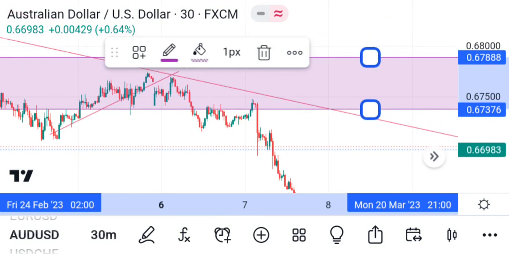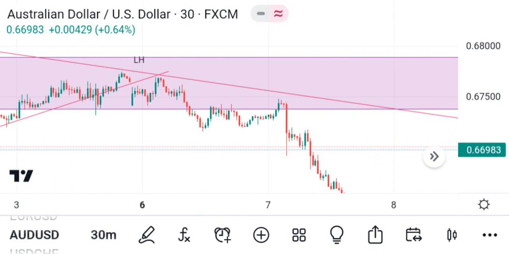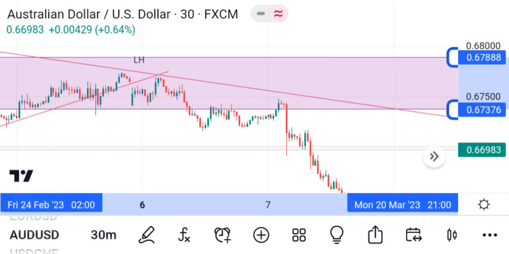So now if you look closely, you're going to see that we have a double top here. Yeah, a double top. That's a market structure change indicator that shows that the market wants to go down. Take this out.